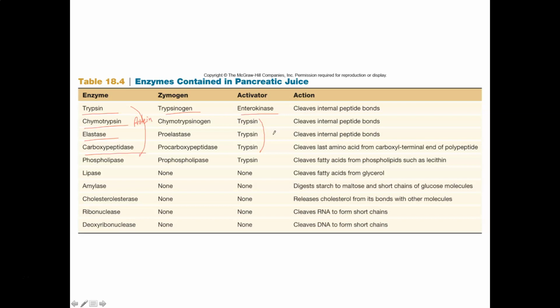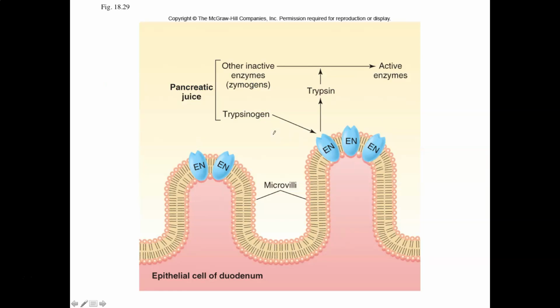So let's take a look at the activation of trypsinogen. So this diagram shows trypsinogen coming from the pancreas. It's an inactive zymogen. It's coming in contact with the brush border enzyme. This is the brush border enzyme that we call enterokinase.